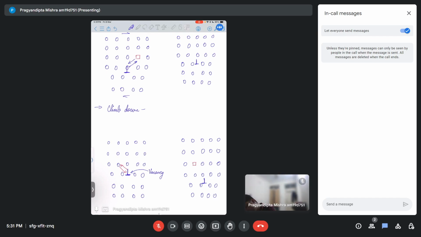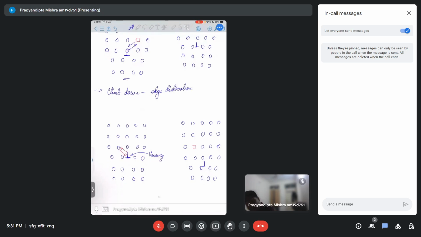So essentially what is happening is, the edge dislocation moves down and the vacancy moves out.